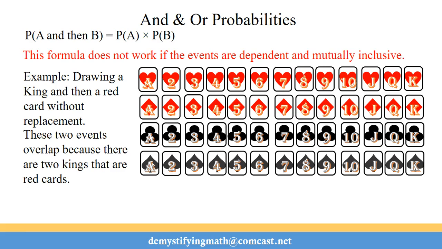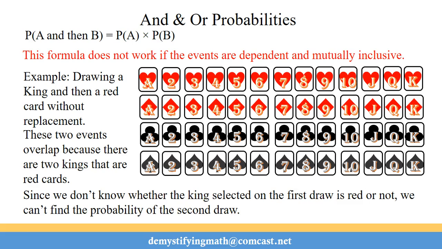So what happens is we don't know what we're getting on the first draw. So if we draw and we get a king, we don't know if that king is red or black. So we don't know what the probability of the second draw is. So just keep in mind that it will not work for situations that are dependent and mutually inclusive. All right, thank you for watching.